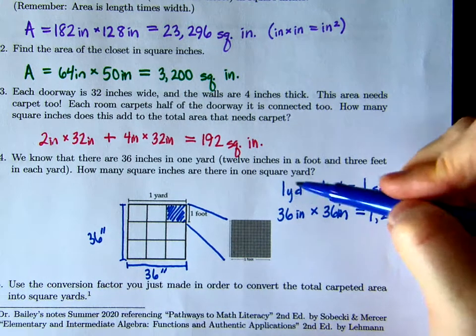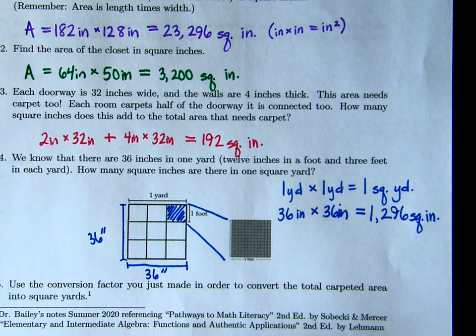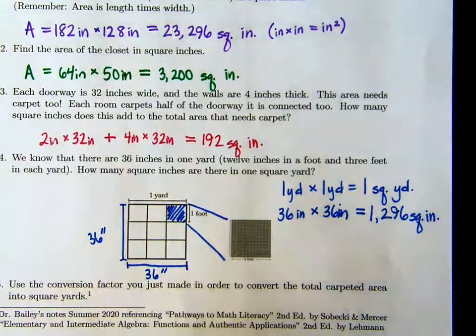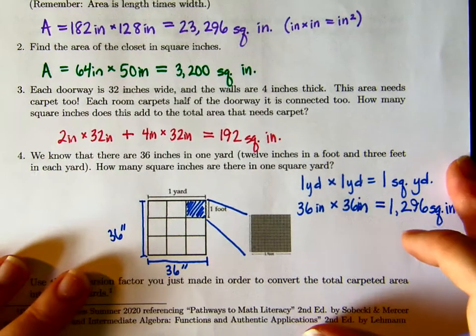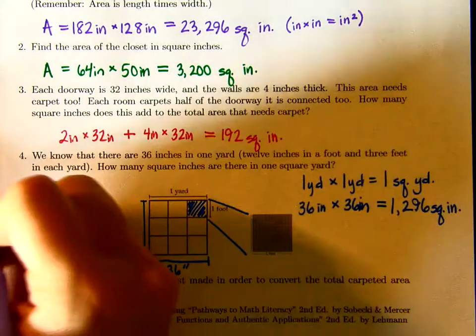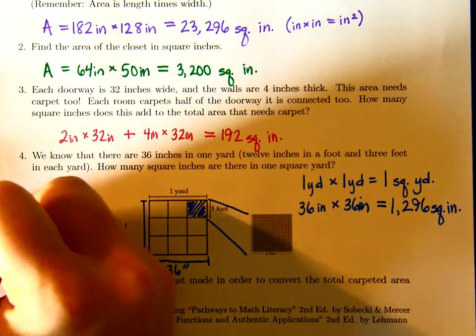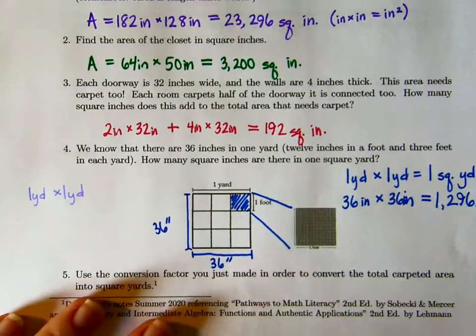If you wanted to see some in-between conversions, I'm just going to show this even though I'm not demanding it in this question. What we could have done is 1 yard by 1 yard, which is what we are given here.